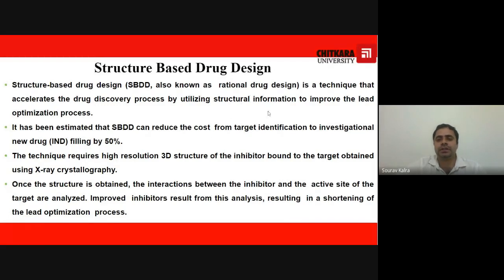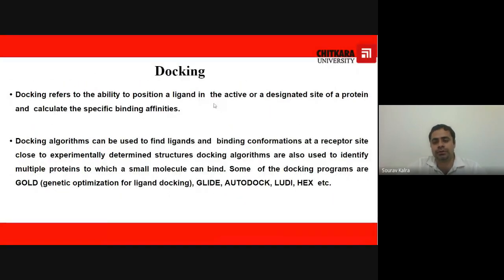Structure-based techniques mainly involve the docking process. Docking refers to the ability of a ligand to position itself in the active site of a protein and calculate the binding affinities. Docking algorithms can be used to find ligands and binding conformations at the receptor site which are close to the experimentally determined structure, and also to identify multiple proteins to which a small molecule can bind.